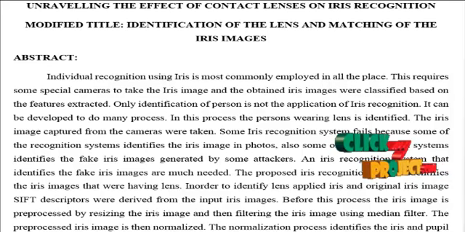The pre-processed images are normalized. The normalization process identifies the iris and pupil regions in the images correctly and reshapes the identified positions. The normalization process improves the efficiency.